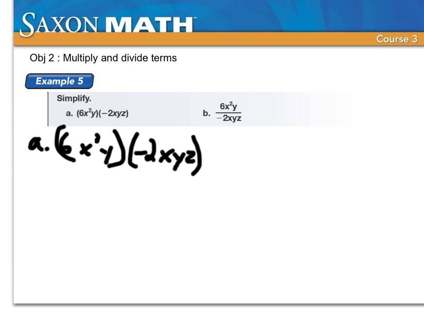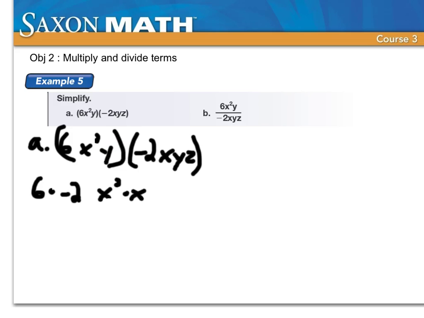So I'm going to multiply this 6 and this negative 2 because they're both numbers. So I'm going to take 6 times negative 2. And I'm going to take letters that are the same and multiply them together. So like x squared and x. So I'm going to have x squared times x.